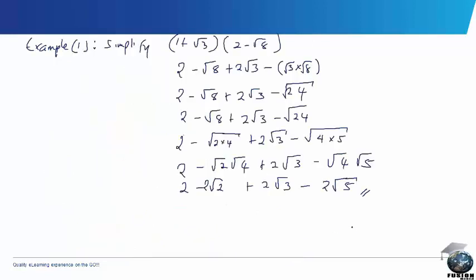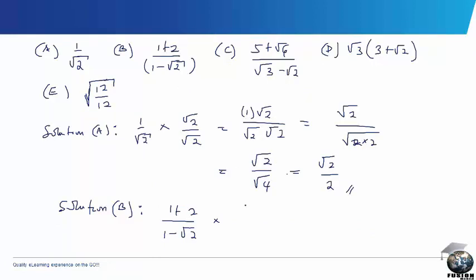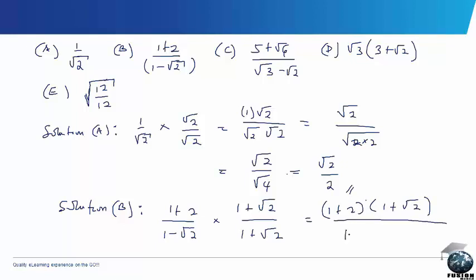Rule number 5 states that we also multiply both by the denominator, but we change the sign of the denominator. Just like there is a minus sign here, we'll put a plus sign, and then we'll have 1 plus root 2 over 1 plus root 2. Alright, and so we have 1 plus 2 times 1 plus root 2 all over 1 minus root 2 times 1 plus root 2.